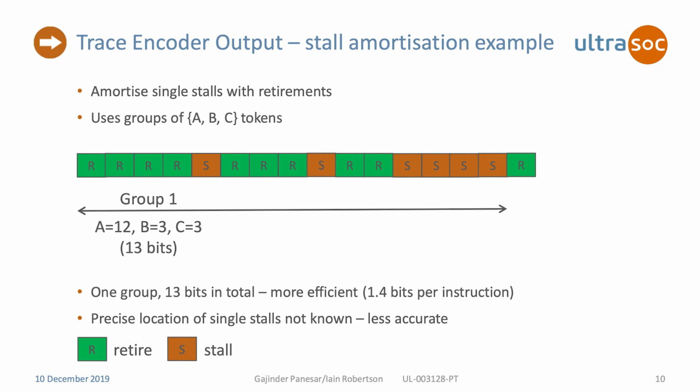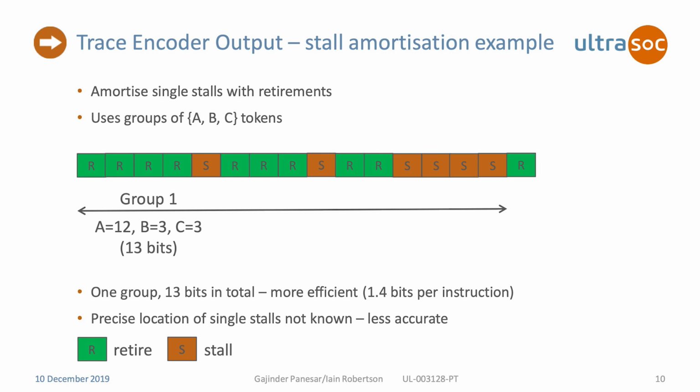And so in this case, all 15 cycles fit in a single group. There are 12 consecutive cycles where we either retire an instruction or stall for 1, followed by 3 cycles where we stall for more. And now we have a B token introduced here as well.